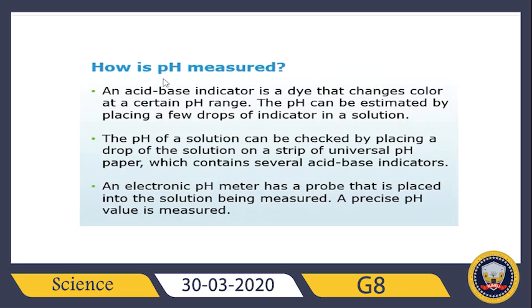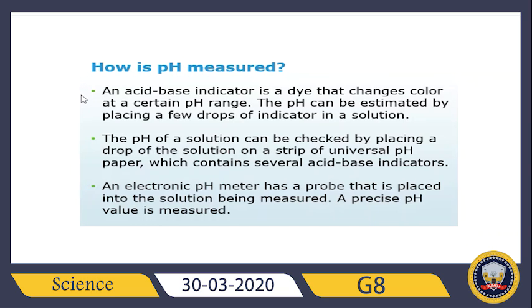If I want to measure how strong a certain acid is or how strong a certain base is, of course, as we say, we are not going to use just the litmus paper, but we need to measure exactly the pH value of these solutions. And actually, we have several ways to measure the pH value.